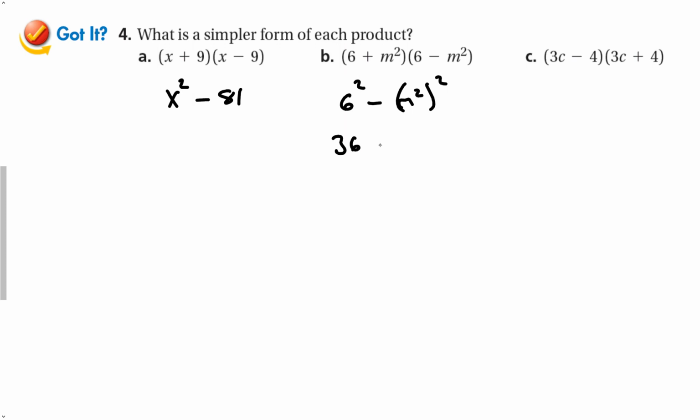So that's 36 minus m to the fourth. Even if there's two things in here, you just got to be careful to square both of them, right? So 3c squared is 9c squared minus 16. Okay.